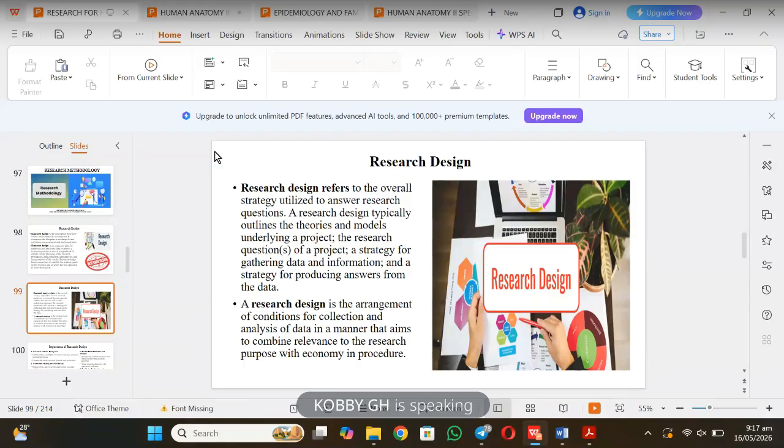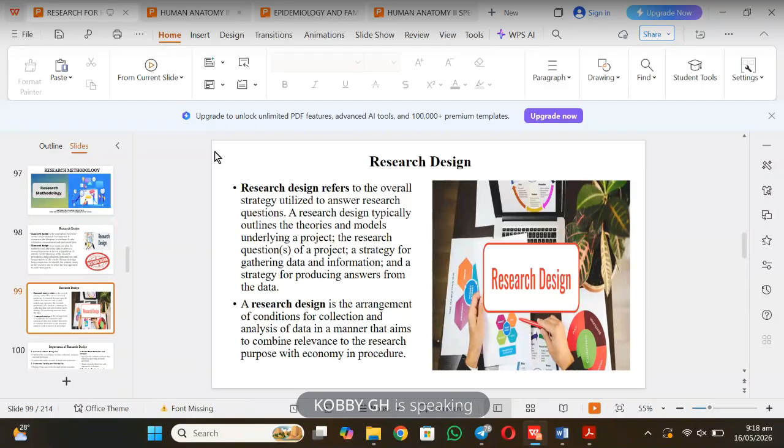Now, commonly, you can write this down. This one is not in the slide. Commonly, we have 3 types of research design. The first design, we call it the descriptive cross-sectional design. You can write it down.